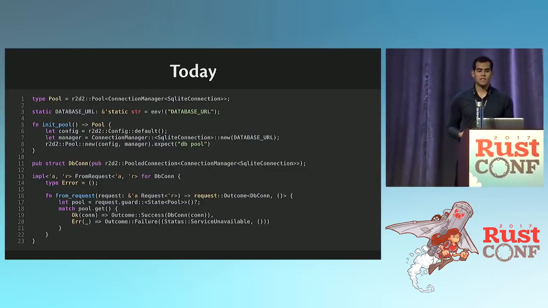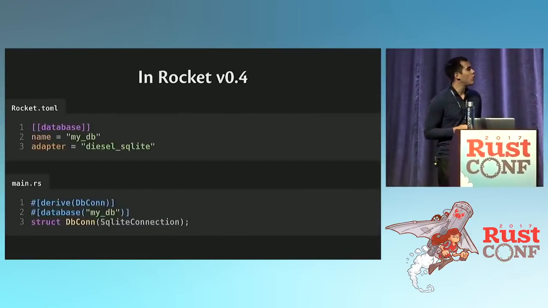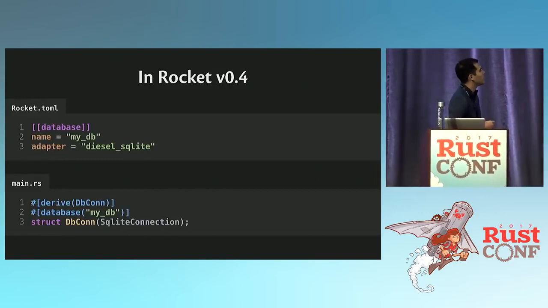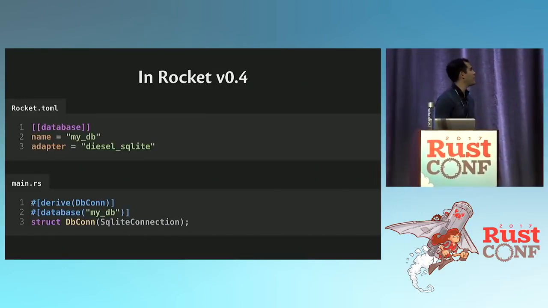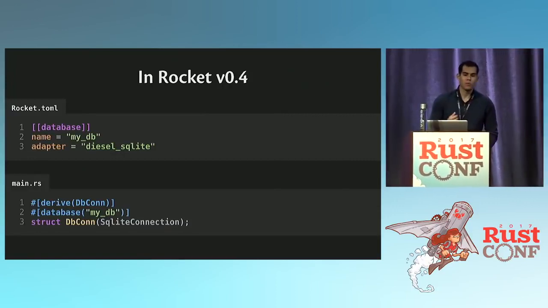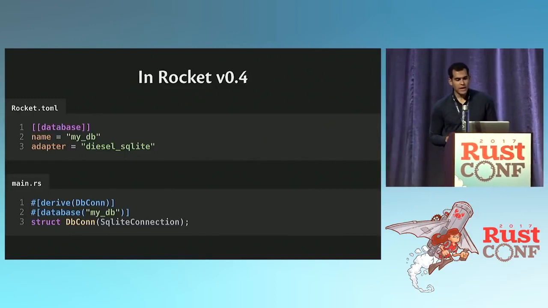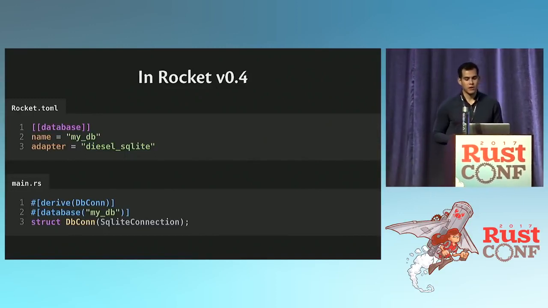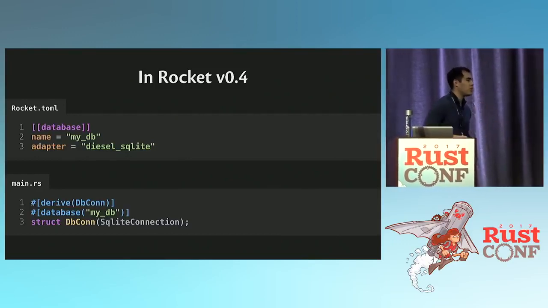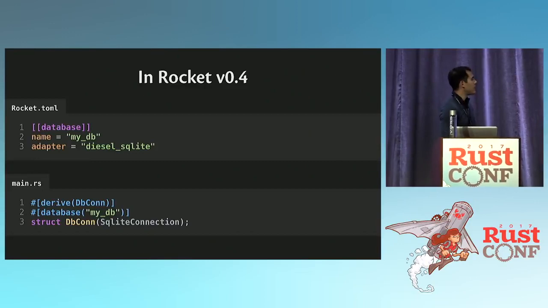So what I want this to look like in version 0.4 is like this. In your Rocket.toml file, you're going to specify, I have a database named MyDB, and the adapter is Diesel's SQLite. And then in your actual Rocket file, in your code, you would just derive some trait and tell Rocket, oh, the database that I want to access with this type is MyDB.